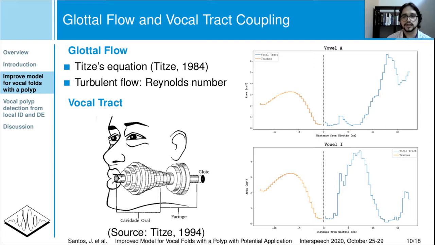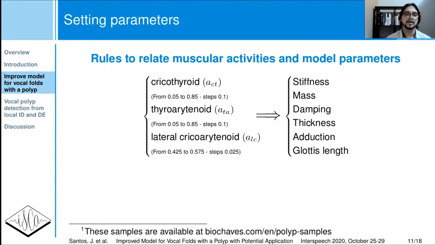So here we have representations of the vocal tracts for vowel A and vowel I, and in both the trachea is presented in the orange lines. And for the synthesized voices, we also use the vowel U.